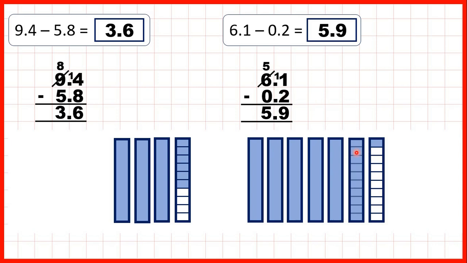So we exchanged one of our wholes for 10 more tenths. That meant that we had 5 wholes and 11 tenths. So we could take away 1, 2 tenths. We can ignore this empty fraction bar, and we can see that we now have 9 tenths. We didn't take away any wholes, so we were left with our answer 5.9.